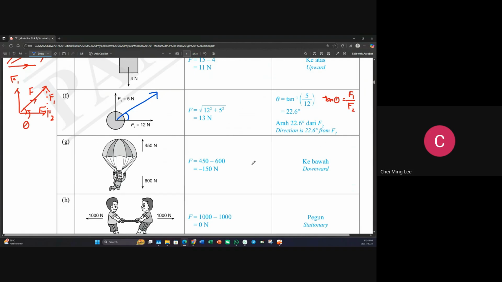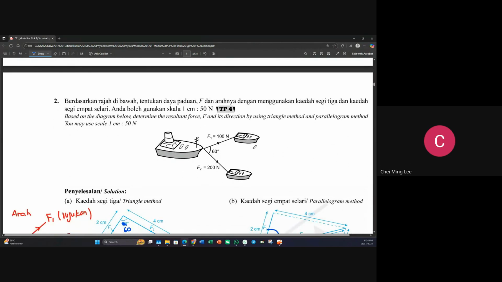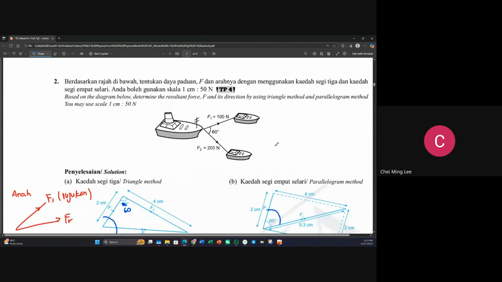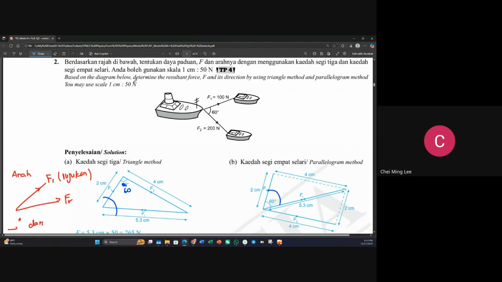Okay, be careful. Now for this one we should use the triangle method for the calculation. You remember I asked you just now how to draw it to scale. Now you have 100 Newton and 200 Newton, with 60 degrees in the middle. Using the triangle method, let's say 1 cm equals 50 Newton.